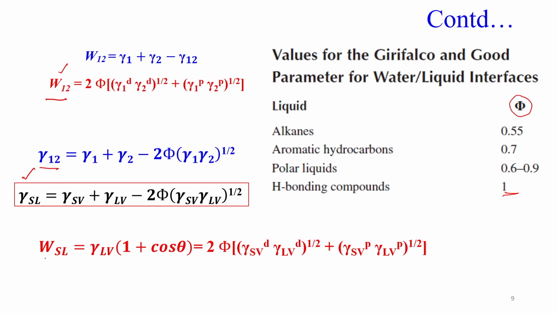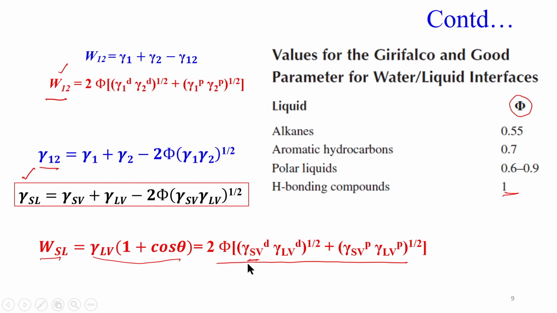So, if you combine these two expressions of the work of adhesion, one in terms of the contact angle, which is derived from the Young's and Dupre equation, and the other from the Girifalco and Good equation, what it says is: gamma LV, the liquid surface tension, we can measure experimentally, and the contact angle we are measuring experimentally.